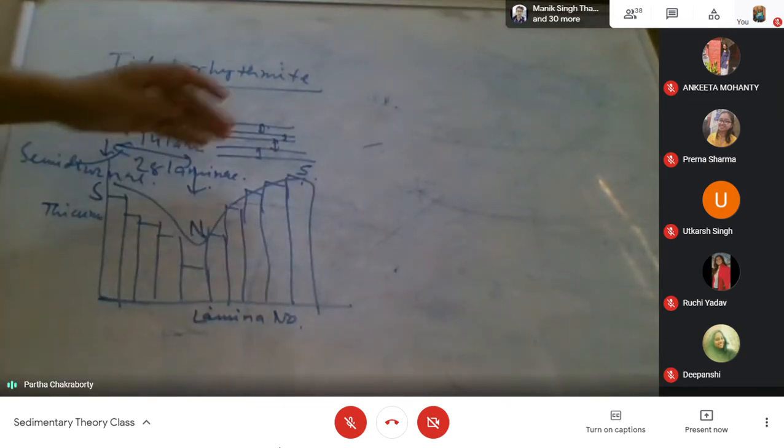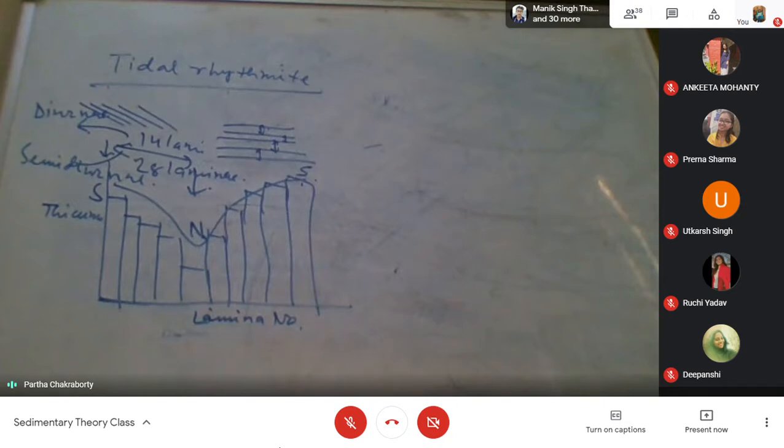So this measurement of the thickness of the lamina, what we call the tidal rhythmite, helps us in identifying the nature of the tide that was operating at that place, the diurnal or semi-diurnal character of the tide, and how the area was operated by the tide.